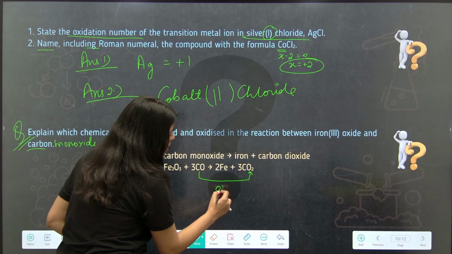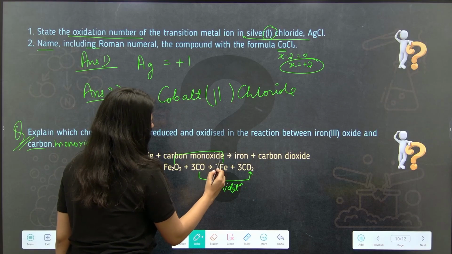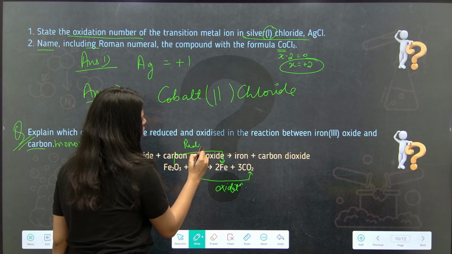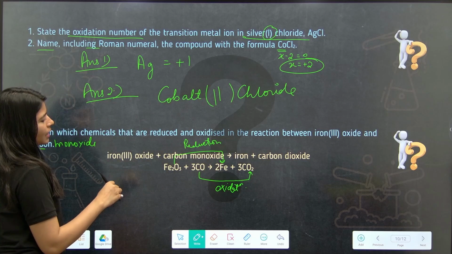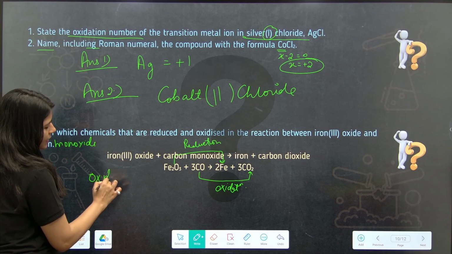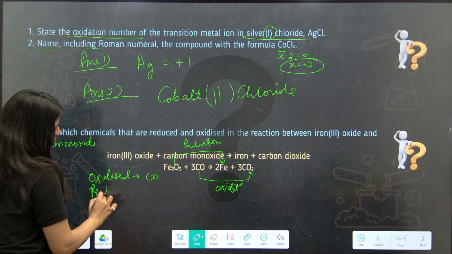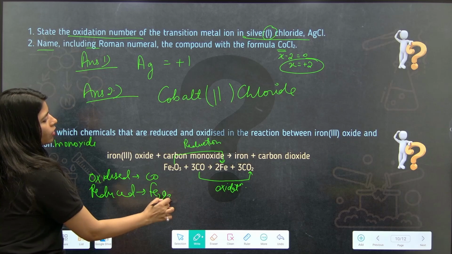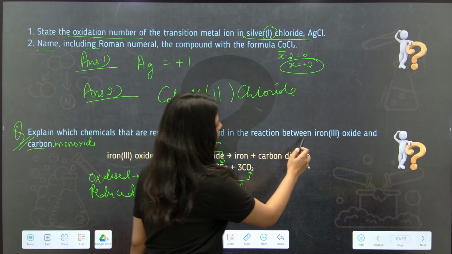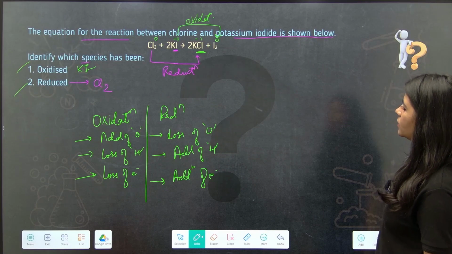I can say this is an oxidation reaction. And so this becomes your reduction because loss of oxygen has taken place, right? So which species is oxidized? Oxidized is CO, and reduced is Fe2O3 or iron(III) oxide. Okay, I hope this is clear. You can note down the answers.